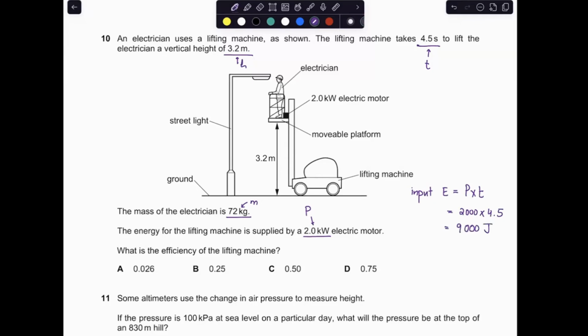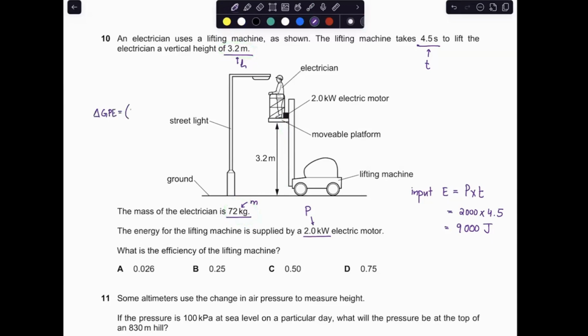That's the input energy. Now, the other quantity we need is what is the output that we were able to produce with this input. And for that, we can see that whatever the machine is trying to do, that is the output. The machine is basically lifting the electrician. Now, we know the height through which the electrician has gone. We know his mass. That means, again, we can easily calculate how much gravitational potential energy he gained during that movement.